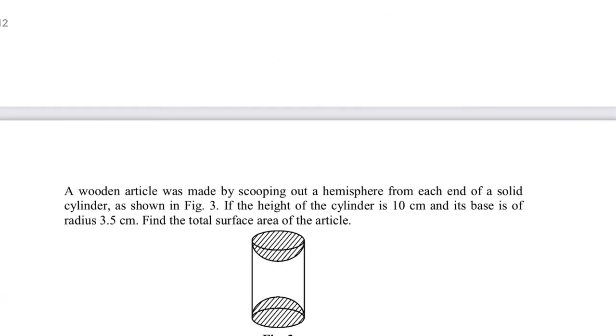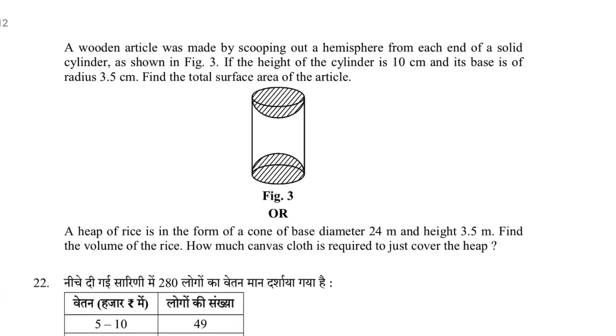21st question. We have a wooden article which was made by scooping out a hemisphere from each end of a solid cylinder, and we are given the figure. If the height of the cylinder is 10 centimeter and its base is of radius 3.5 centimeter, we need to find the total surface area of this article.